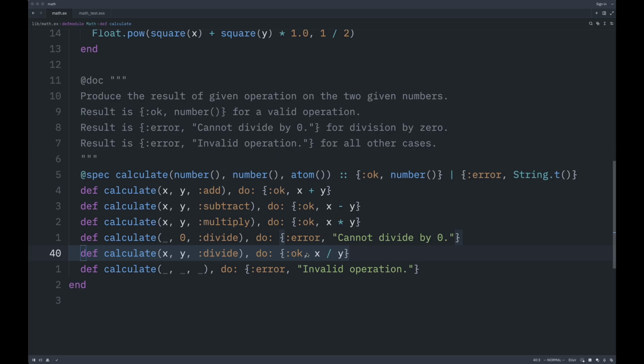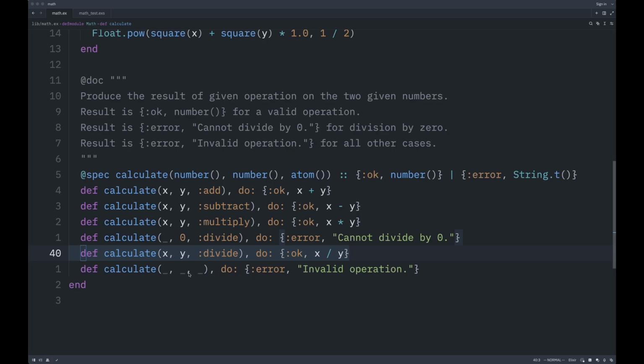Before we go, I want to note that the order of function clauses matter in Elixir, because Elixir will check for the pattern match and execute the function that matches a particular pattern, starting with top going all the way to the end. So it will first test this clause, and if it matches, it will run. Otherwise, it will move on to the next one. And with that, it will go all the way to the end.